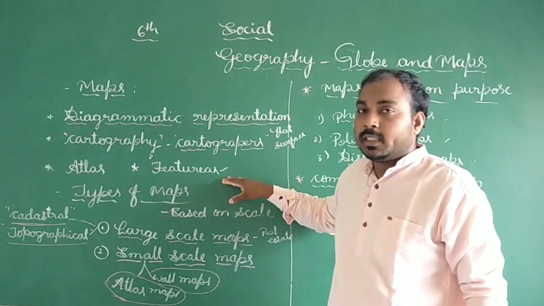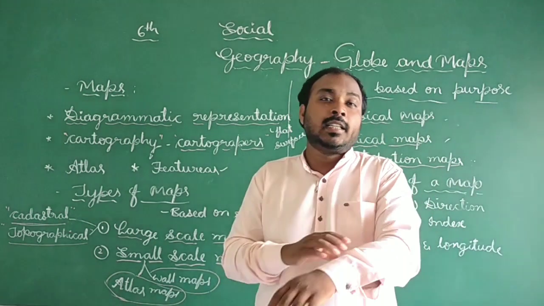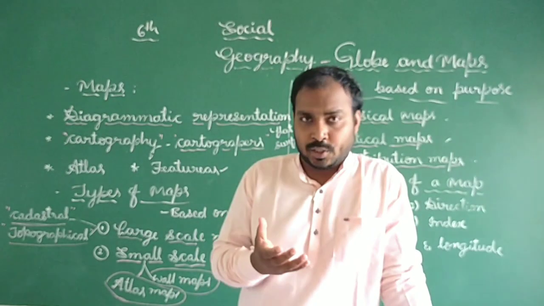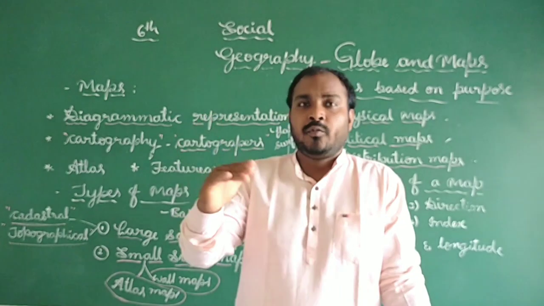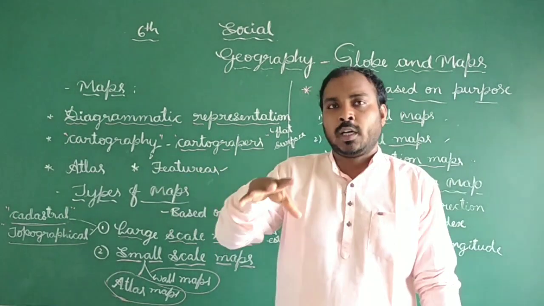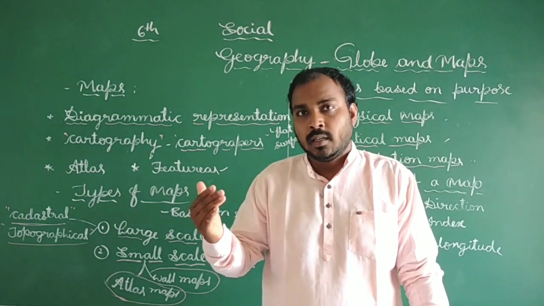The next one is features of the map. What is the meaning of features? As we studied in the globe, in globes we get general information, location. We don't learn extra information from a globe. Only location we can see, and latitudes and longitudes.